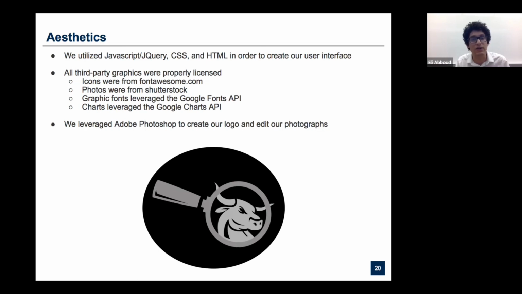And then the charts that we used incorporated the Google Charts API. And then some of these icons and photographs were photo edited, and we used Adobe Photoshop in order to accomplish this. Now, it's worth mentioning that all of the different libraries, pictures, and other graphics that we used throughout this process were properly licensed and were appropriate. The credits were included in a link at the footer of our page.